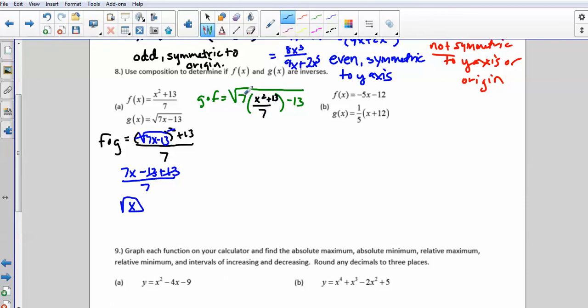So 7 divided by 7 cancels. I have square root x squared plus 13 minus 13. Plus 13 minus 13 cancels. I have square root of x squared, which is also x. So once you get x as both results, you just need to make the statement that f and g are inverses.